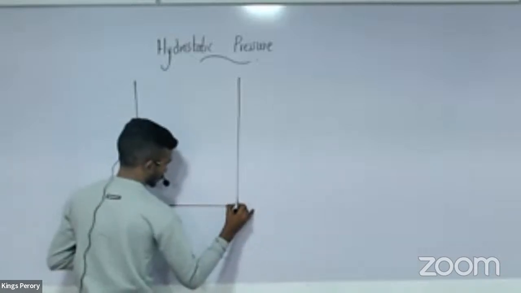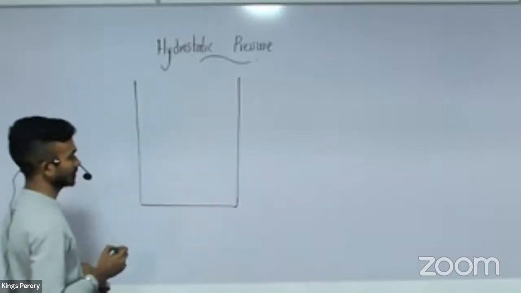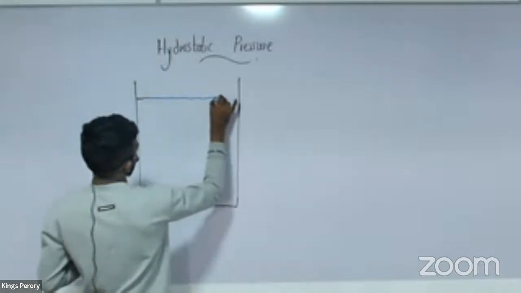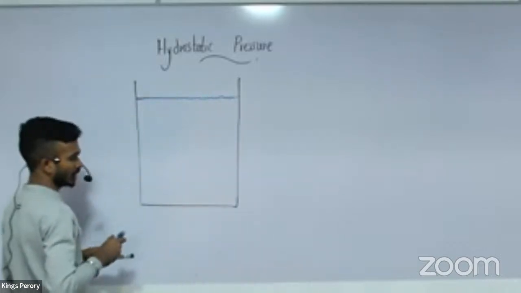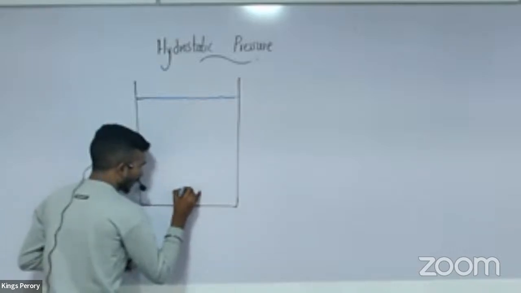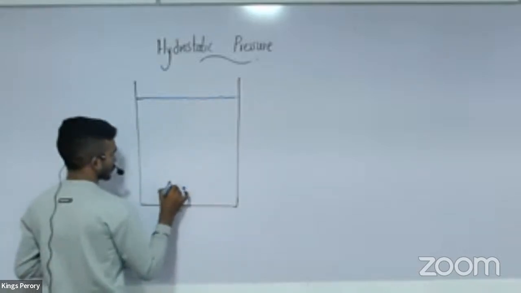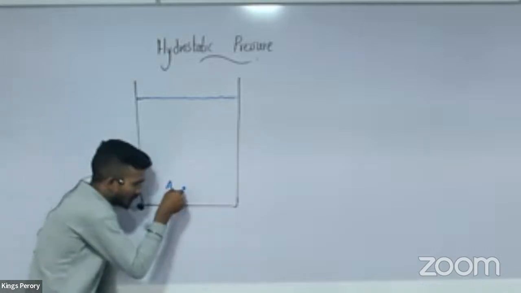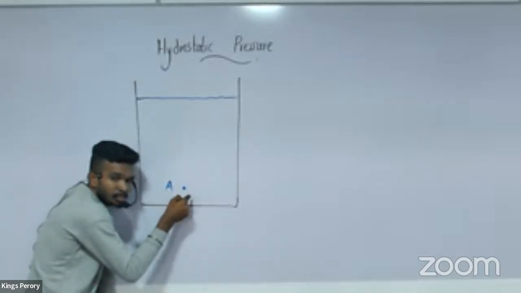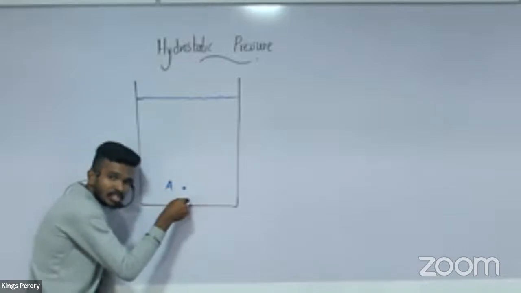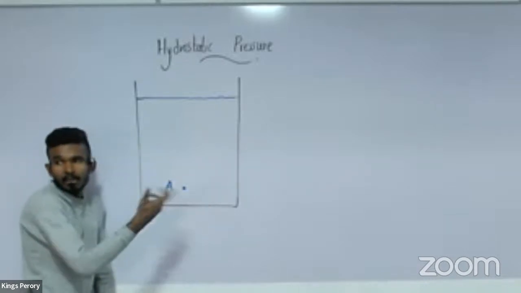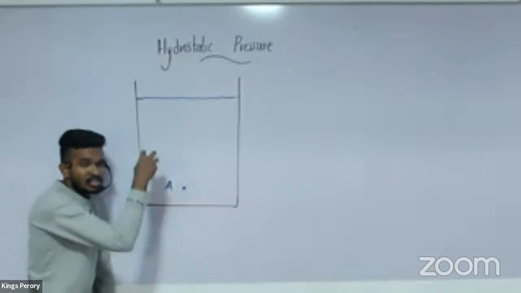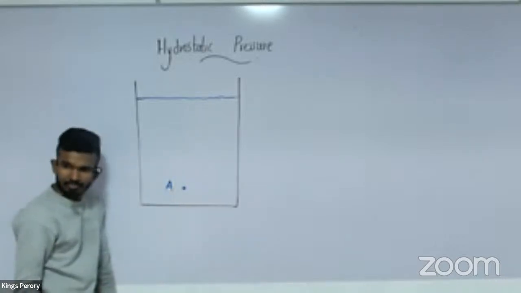There is water up to here. I take a point there, point A. There will be a pressure acting at this point. That pressure is called hydrostatic pressure. So pressure acting inside the fluid is hydrostatic pressure.